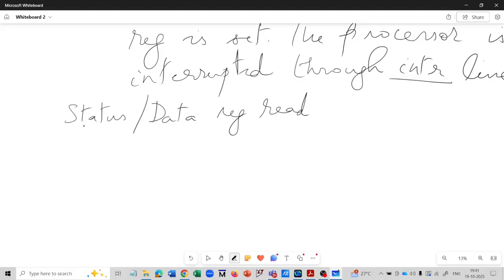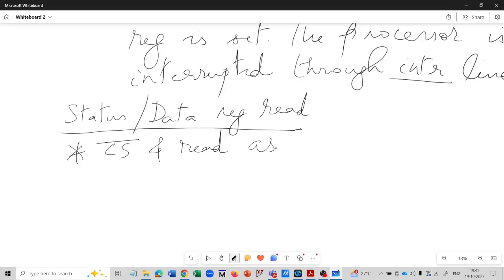And the procedure is more or less similar. So the assertion of the chip select and read, these two events are common to the read of a memory location or the read of a status or data register.